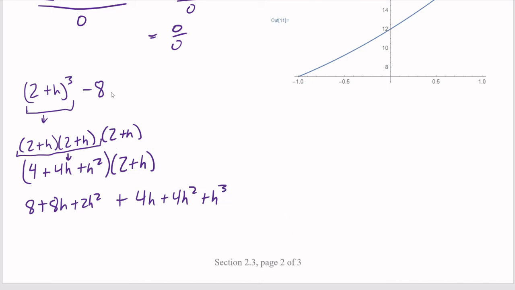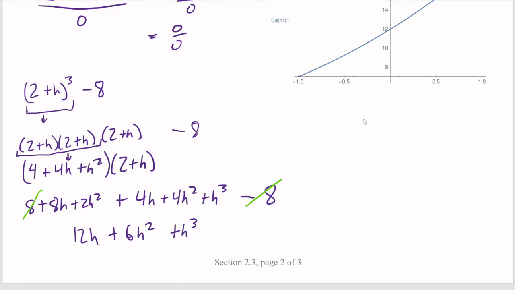Now, that's still all minus 8. Simplify. Well, what do we have here? We've got an 8 and a minus 8 cancel. And then the rest is just some powers of h. We have an 8h and a 4h, that's 12h plus 6h squared plus h cubed.